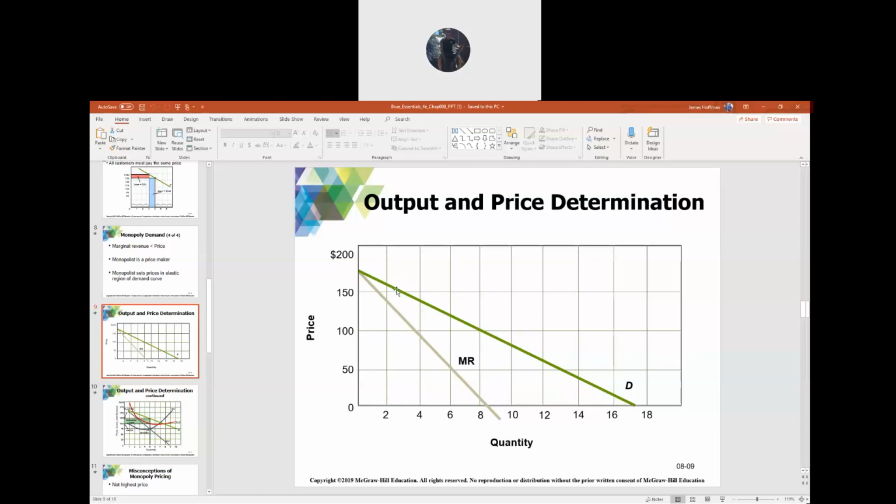So compared to the last market, we have a downward sloping demand curve and a downward sloping marginal revenue curve, which is probably more typical of what you're used to seeing. Given these facets and what this type of market is, how is the monopolist going to make a decision for its output quantity and price? Let's look at that.